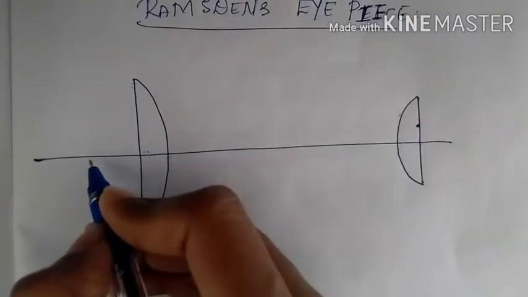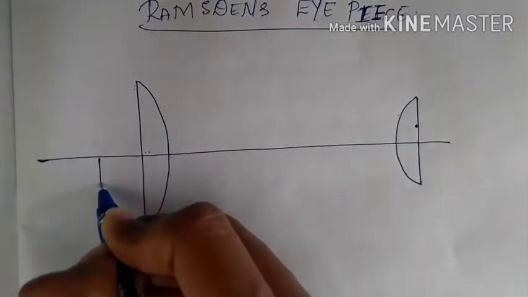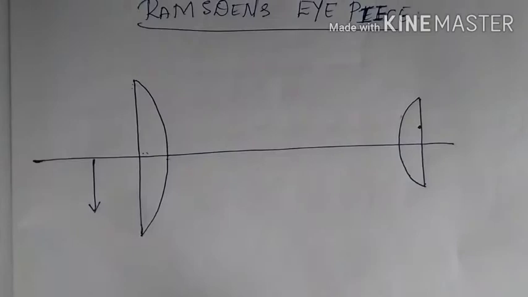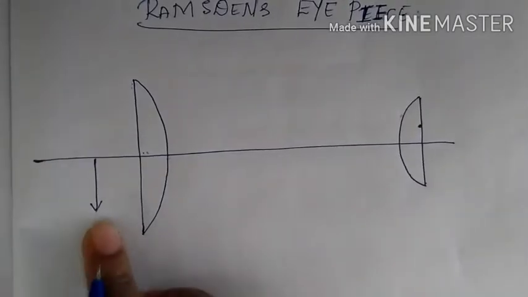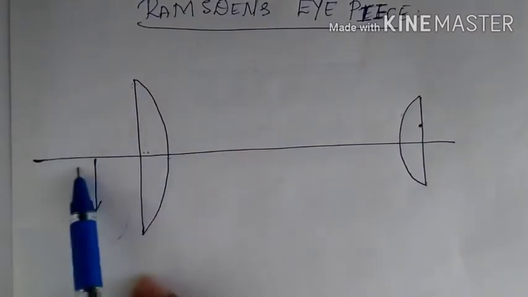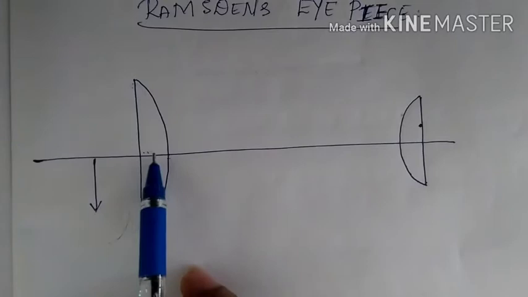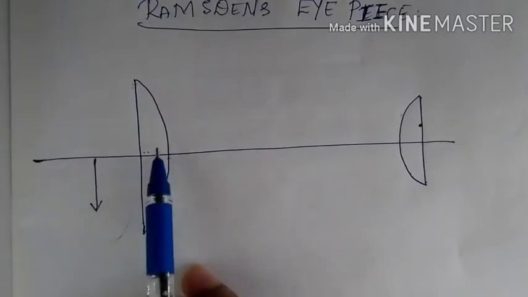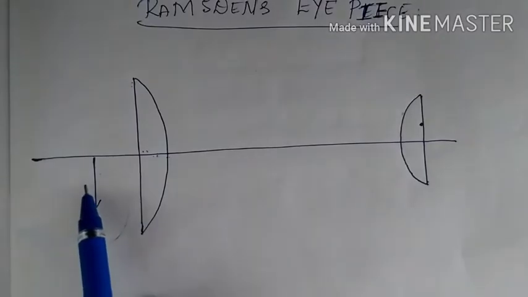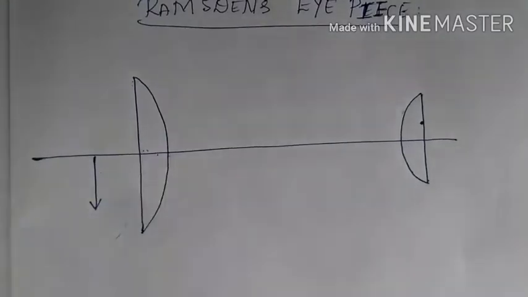Let's suppose this is the image formed by the objective lens. This forms the object for plano-convex lens 1, or this acts as the object for the eyepiece.